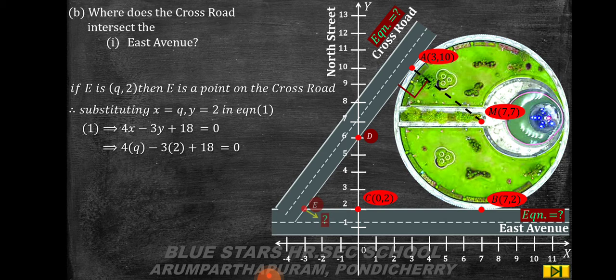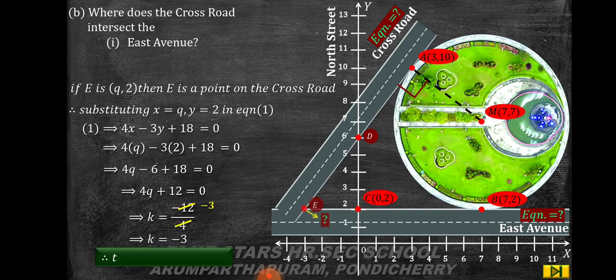So 4 into q minus 3 into 2 plus 18 is equal to 0, which implies 4q minus 6 plus 18 is equal to 0. 4q plus 12 is equal to 0. Therefore, q is equal to minus 12 by 4. If you simplify this, you get the value of q is equal to minus 3. Therefore, the point E is (minus 3, 2). So we found the point E is (minus 3, 2).